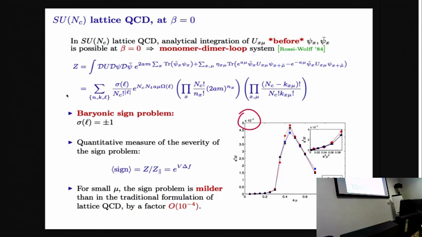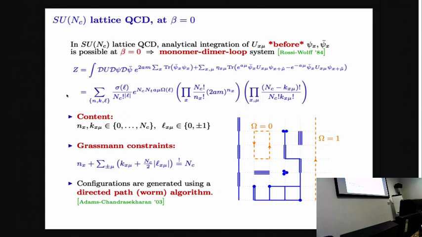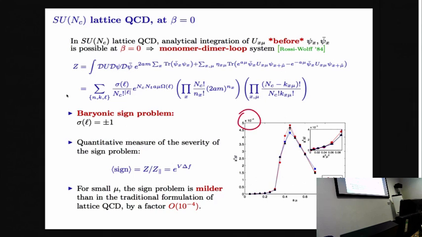But in SU(N), even at mu equals 0, you have a sign problem because the shape of these baryon lines introduces some factor sigma here, which can be plus or minus 1 depending on the geometry of the loop, and this has to be reweighted over. You can reweight with respect to this sign, but what we get is a very mild sign problem in comparison with the traditional approach of integrating the fermions first.